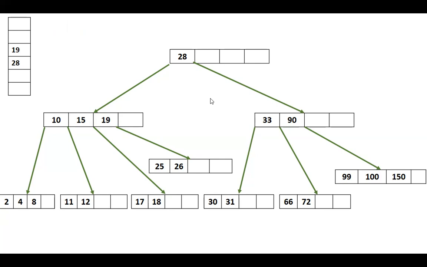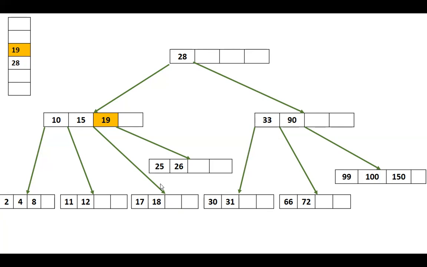Fine. Next, what we delete is 19. Now when you are deleting 19, check its left child and right child. Both of them have the minimum required keys. So it cannot be replaced by the in-order successor or in-order predecessor. So what we do in this case is merge the nodes.